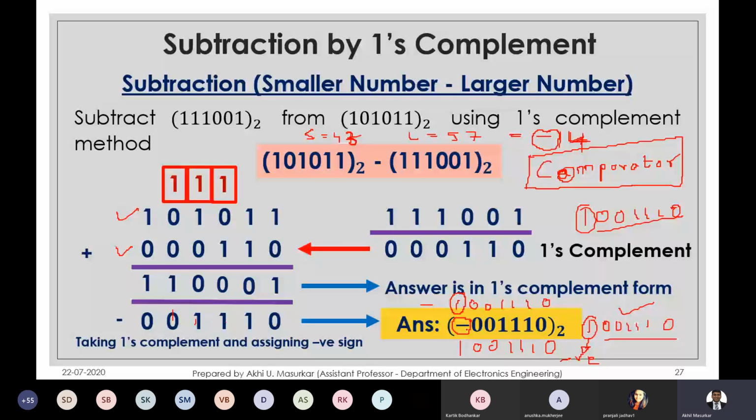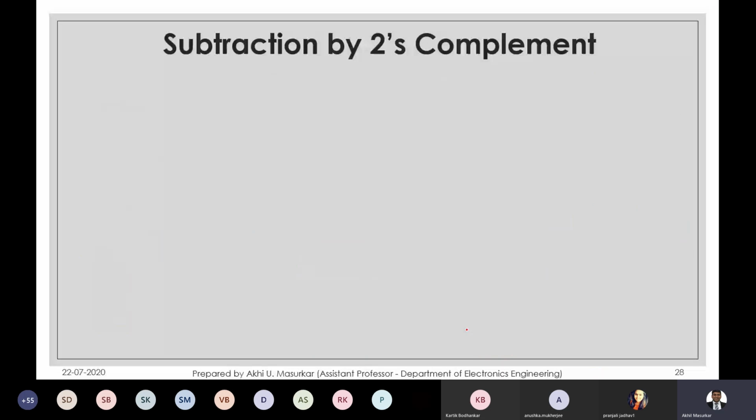So let's go to the next one, that is subtraction by 2's complement method. Subtraction is now by 2's complement method. So 2's complement means, we have already told, 1's complement plus 1.